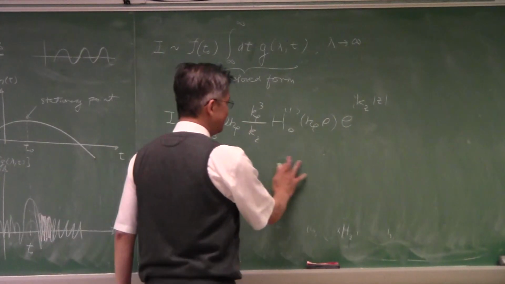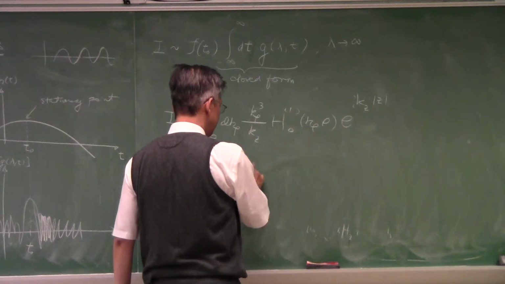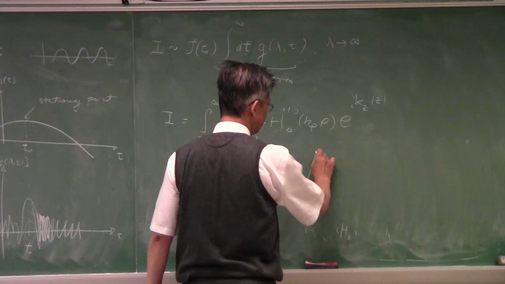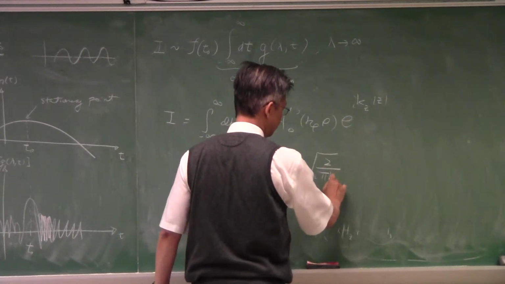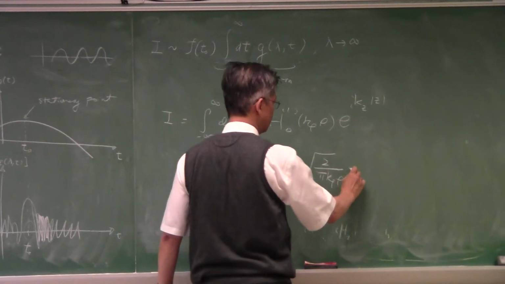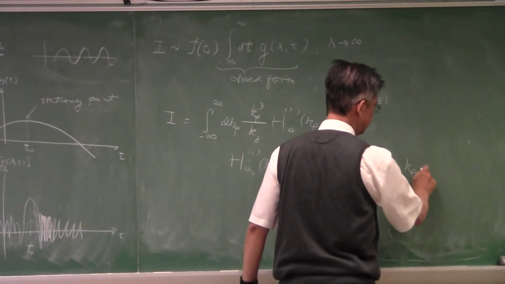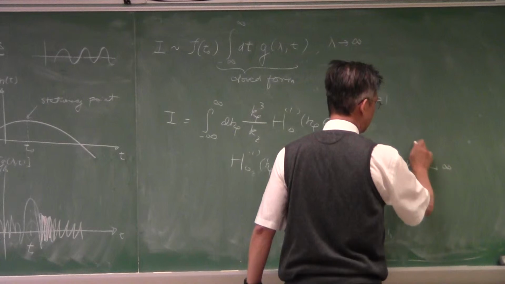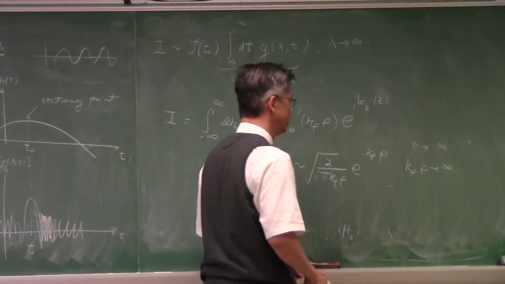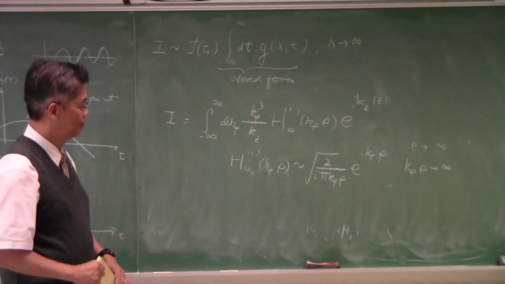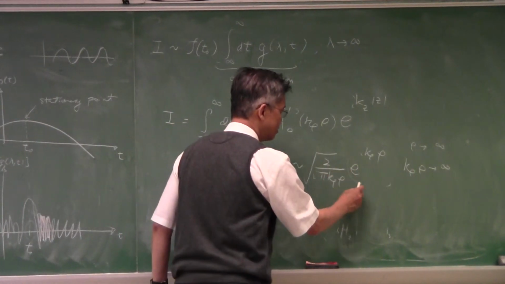We know that this integrand will be rapidly oscillating because this function has this asymptotic behavior when k_rho tends to infinity, or rho tends to infinity. Okay, you can keep k_rho fixed, but when rho tends to infinity, you have this behavior, which means that this is highly oscillatory.